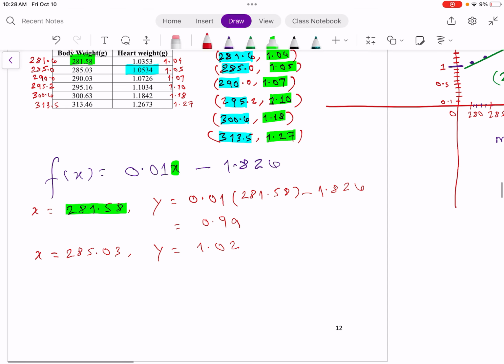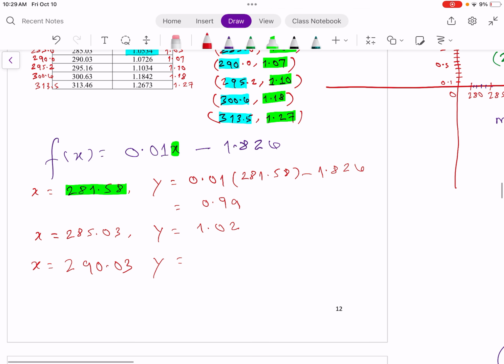Now let's do the next body weight, which is 290.03. What will be our heart weight for the rat with a body weight of 290.03? You just replace x by 290.03. Use the calculator. 1.07. Let's take x equals 295.16. And what is our y?